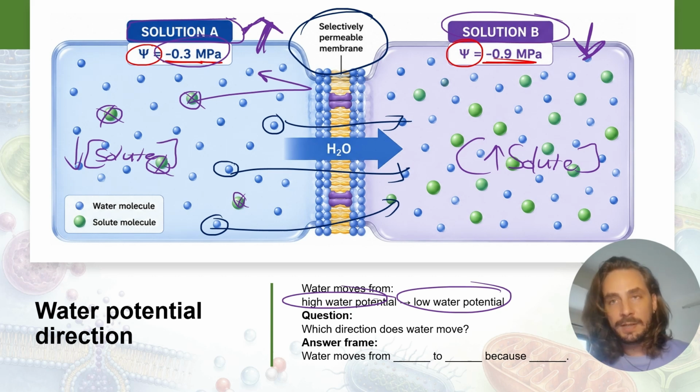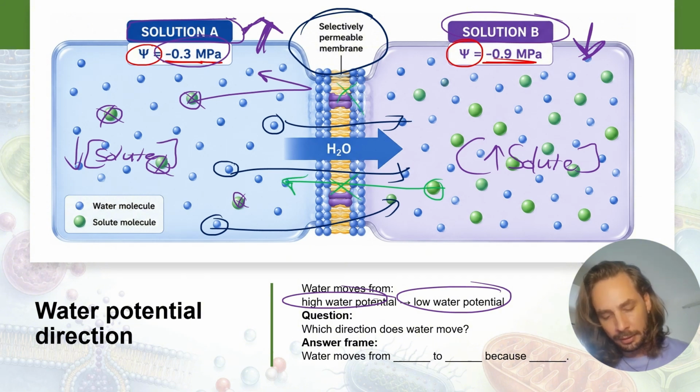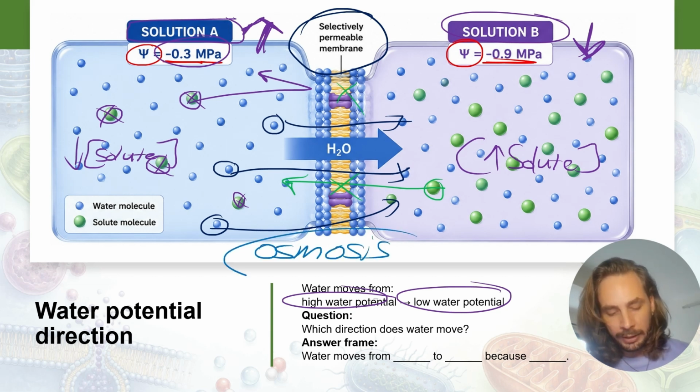So just by diffusion, the solutes would want to move that way, but they can't. The water is the only thing that can move. Because water is moving, we call that osmosis.